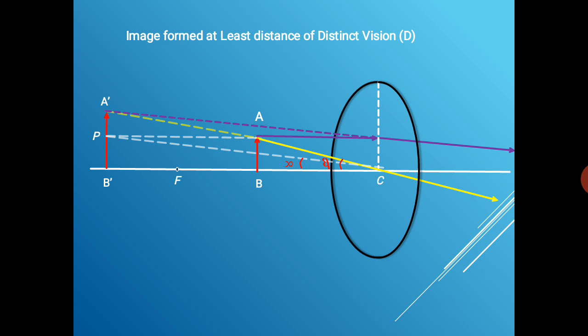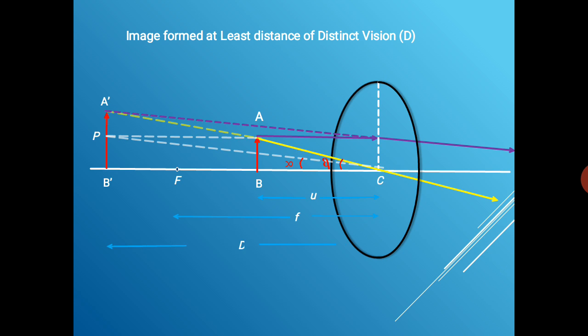Beta is the angle subtended by the image at the eye. These two angles are important because magnifying power of the lens is defined as beta by alpha. So the two angles have their own significance. U is the object distance which is measured from the optical center.